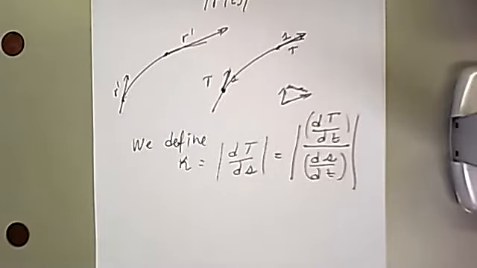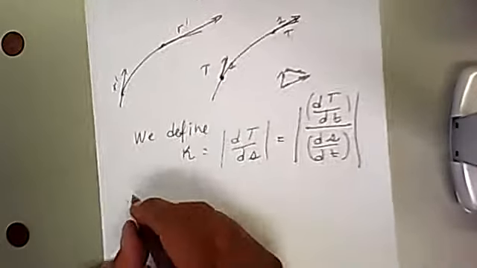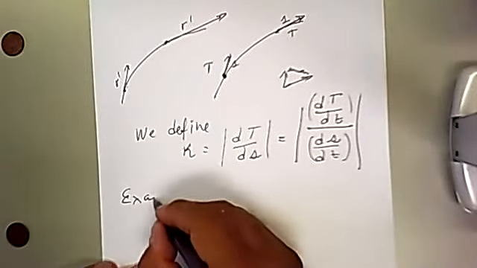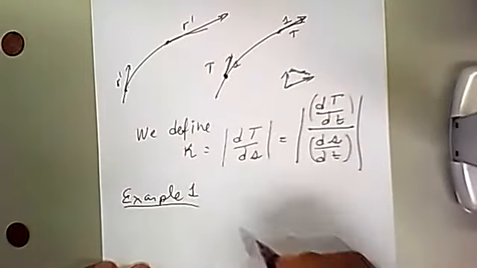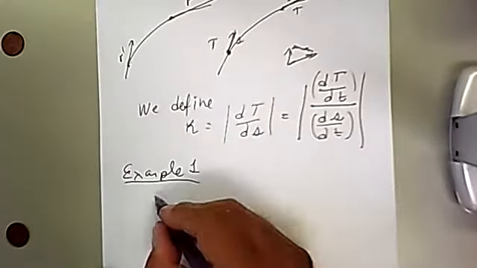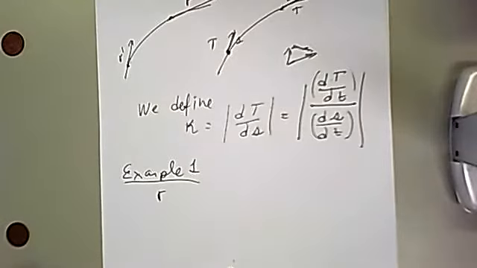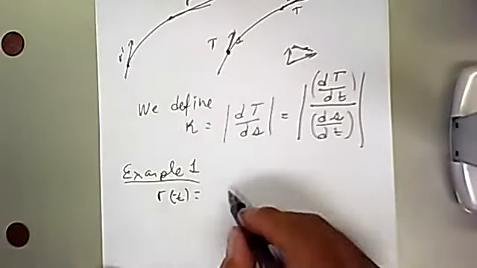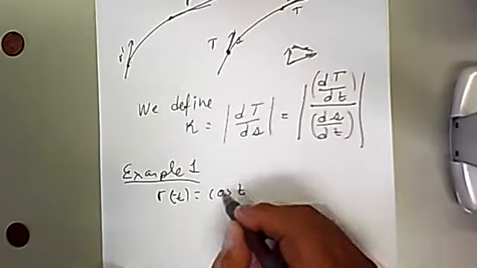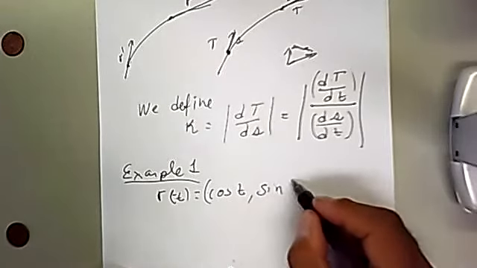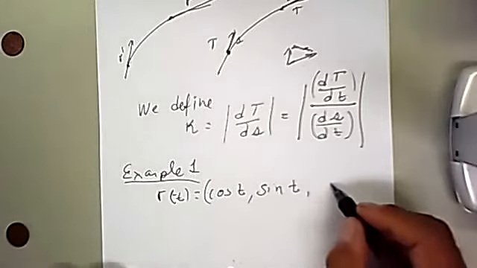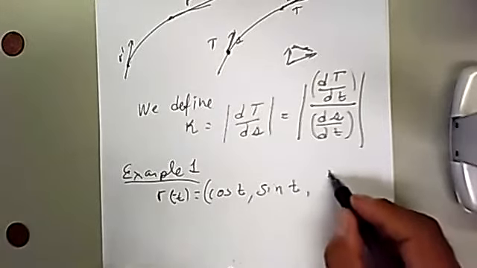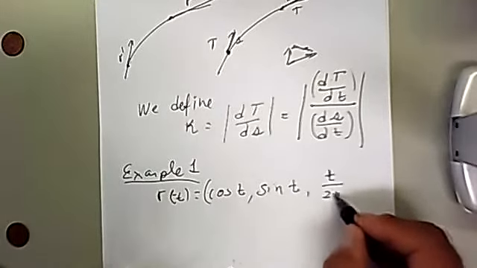Yep. Let's start with an example. Let's call this example 1 of this video. Okay, our friend r of t will be cosine of t, sine of t, and t over 2 pi.